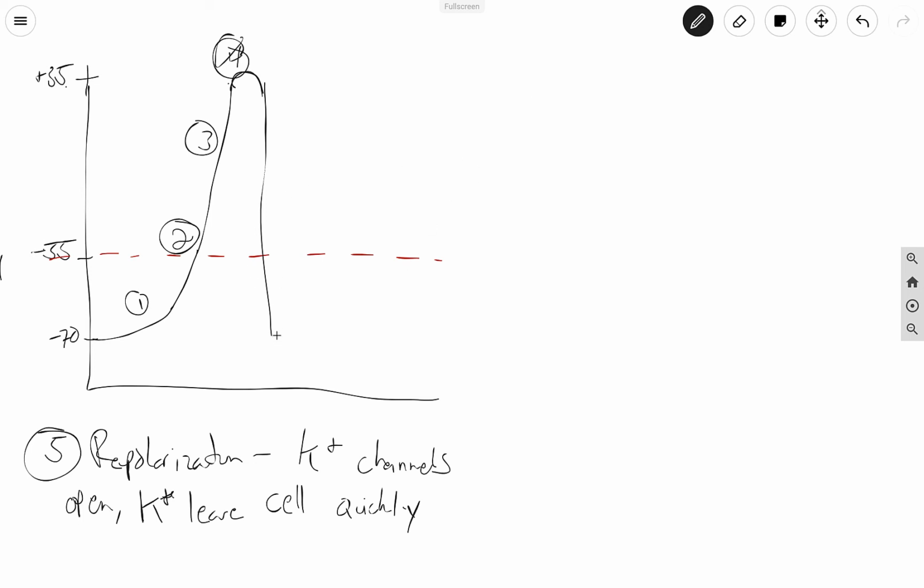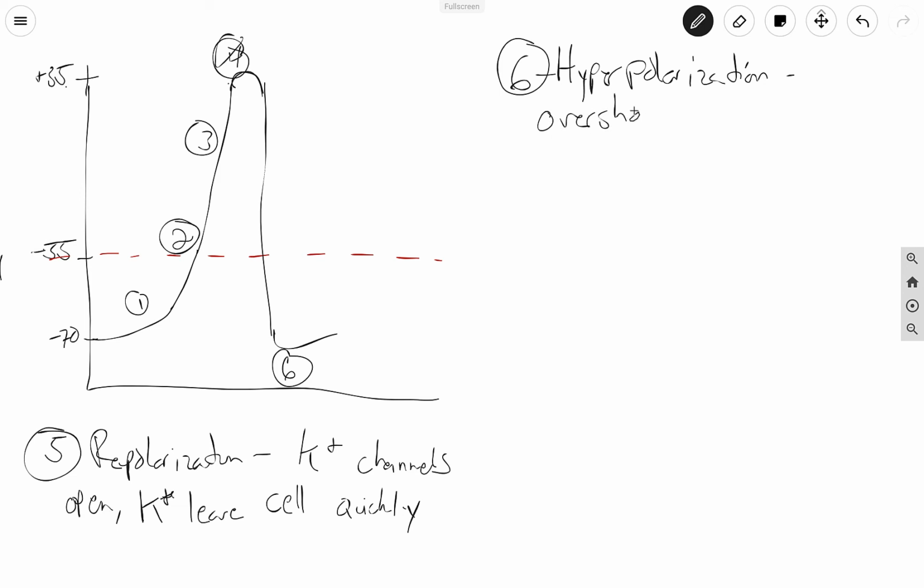All right, so number 6 is down here. So 6 is hyperpolarization. This is an overshoot. So at this point, the potassium ion channels are closed, but the cell is going to be lower than resting potential.